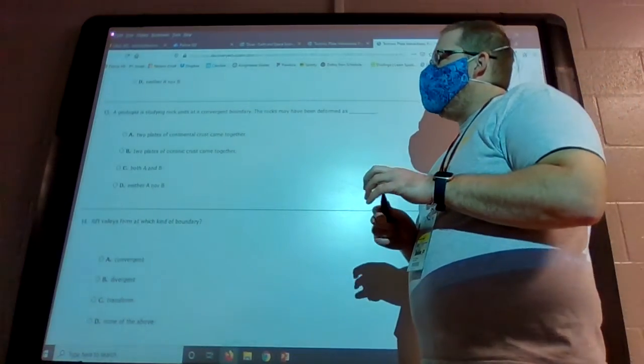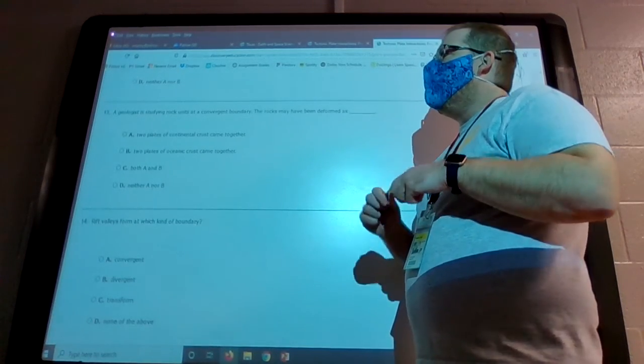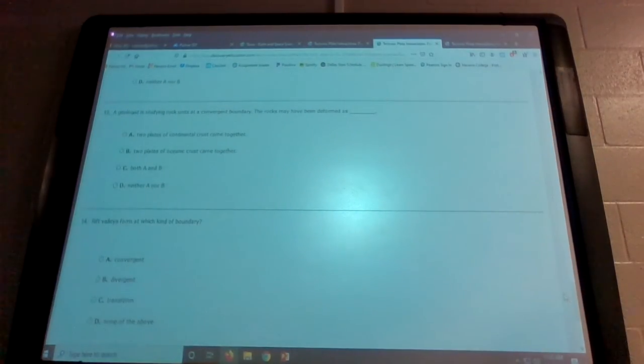A geologist is studying rock units at a convergent boundary. The rocks may have been deformed as what happens at a convergent boundary. As they're coming together, what's going to happen to them? Yeah, that's not a great question.